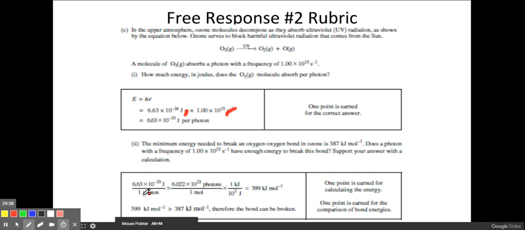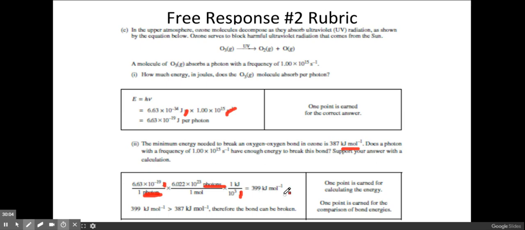Once you do that, the photon cancels, and we're calculating the amount of energy that a mole of photons would have. But again, we have to compare it to kilojoules per mole. So instead of joules per mole, we need this second conversion factor so that joules cancel, and we're left with kilojoules per mole.